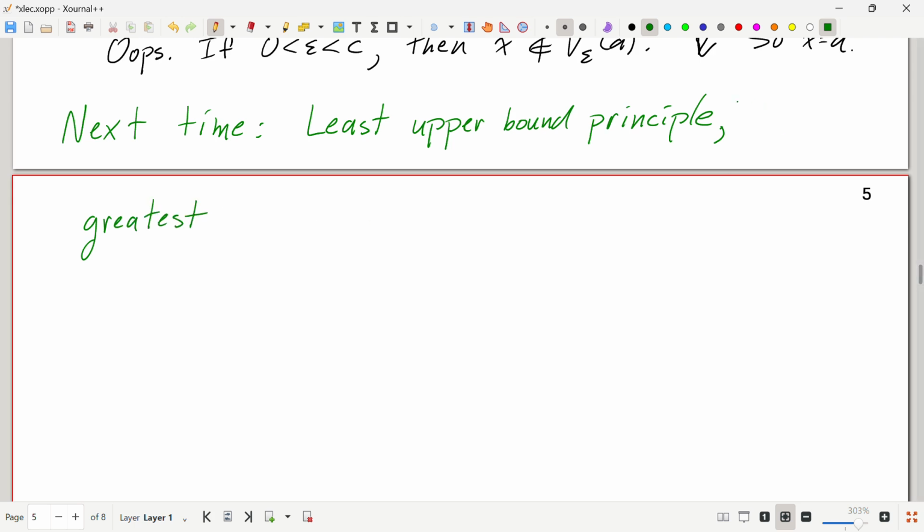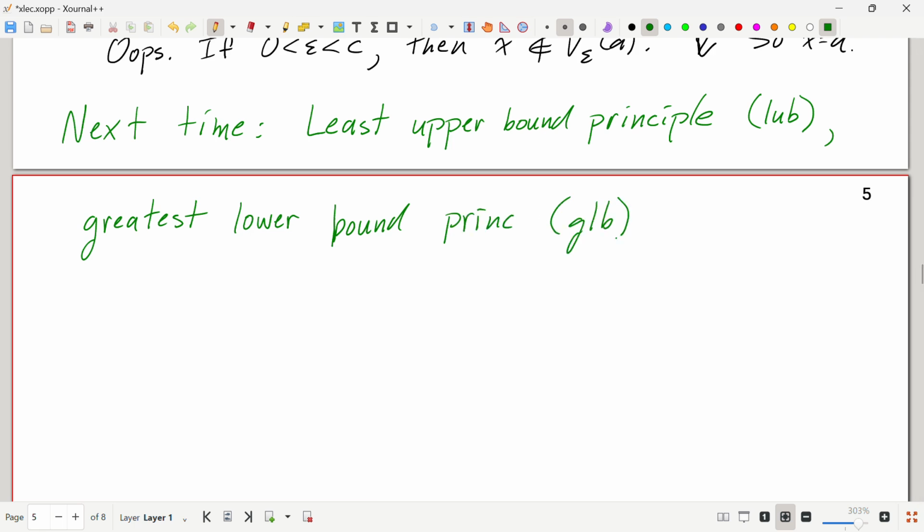So the least upper bound principle was called the LUB principle, and the greatest lower bound principle is called the GLB.